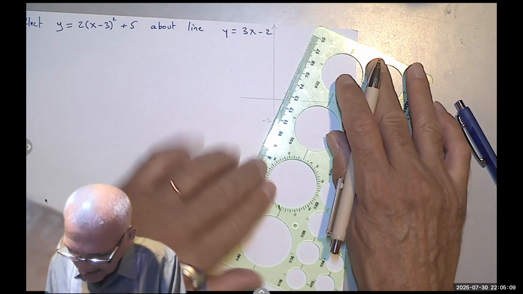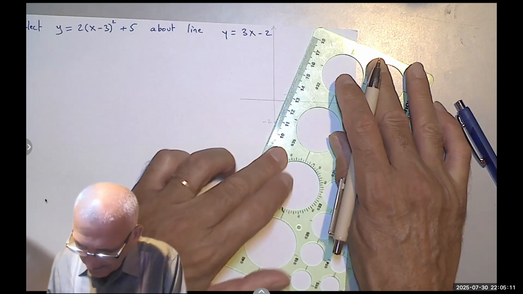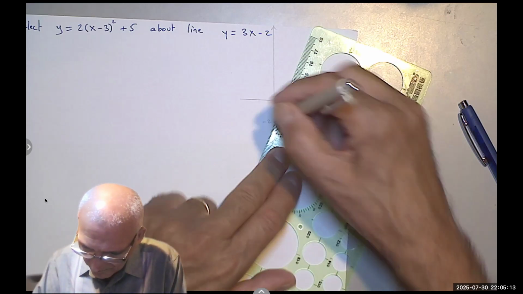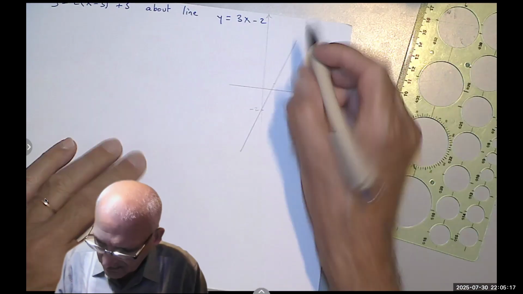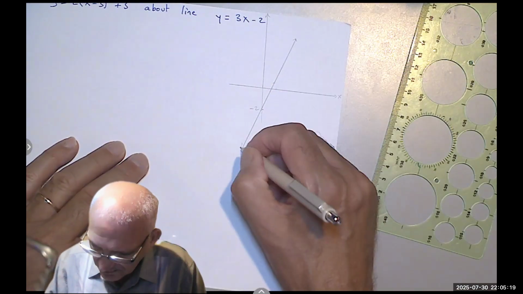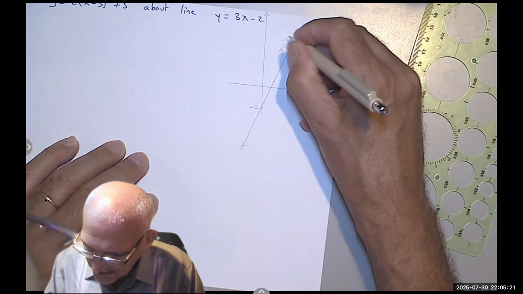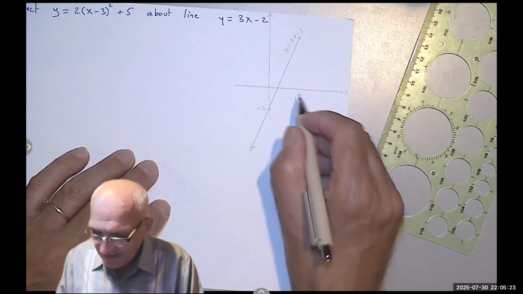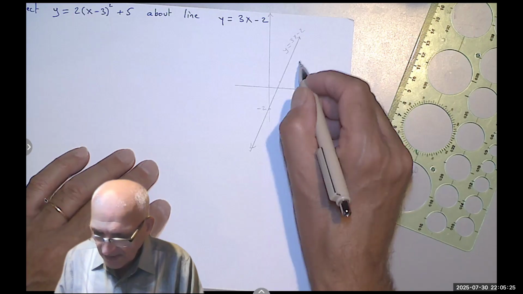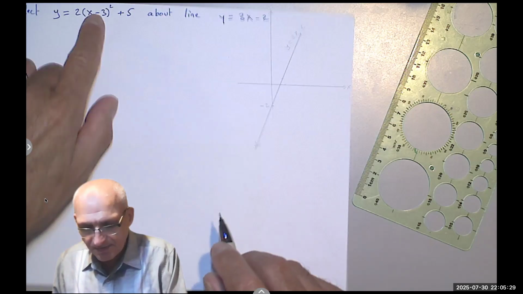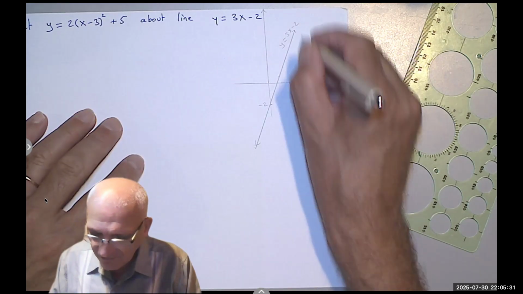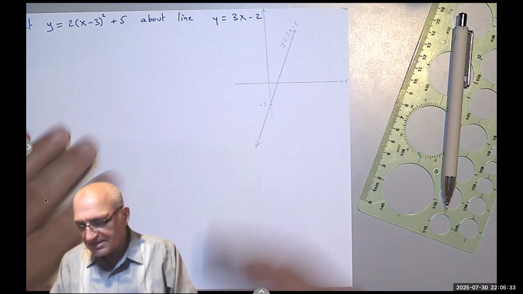And this is the line, y equals 3x minus 2. Again, the vertex of the parabola is somewhere here, (3, 5).